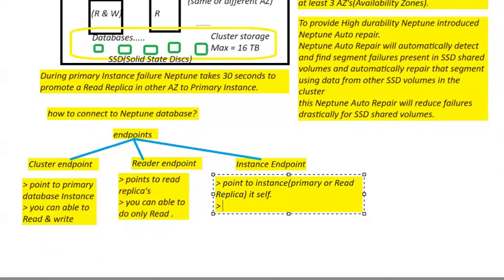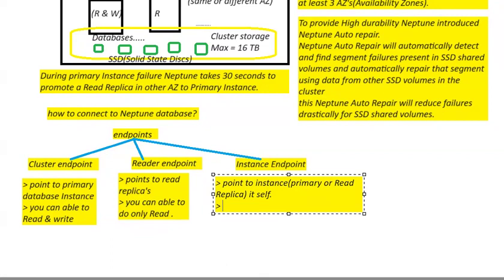So when do we use this? This allows you to direct certain traffic to a specific instance within the cluster. You might want to do this for load balancing reasons across your applications.